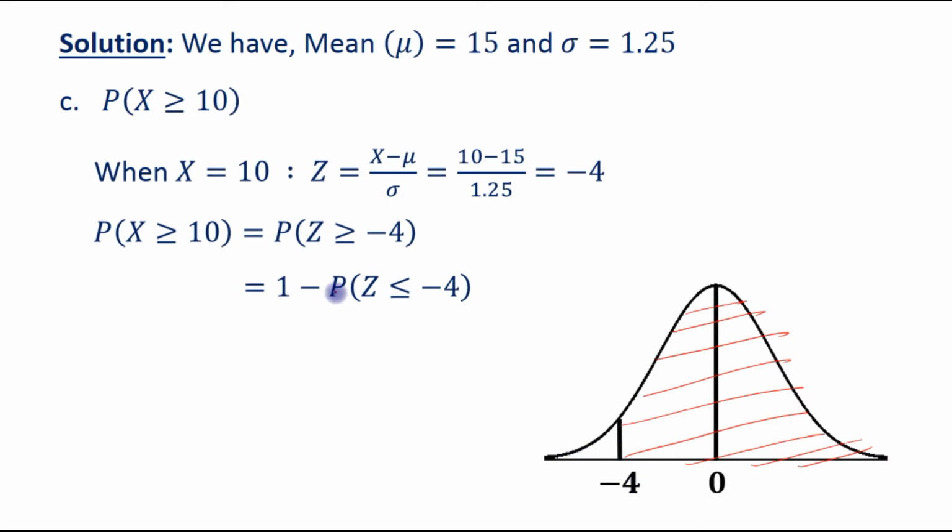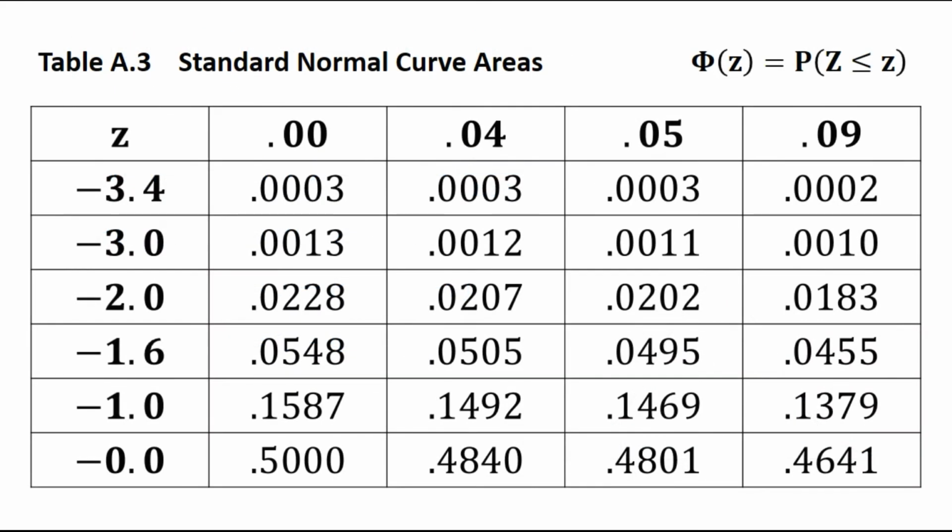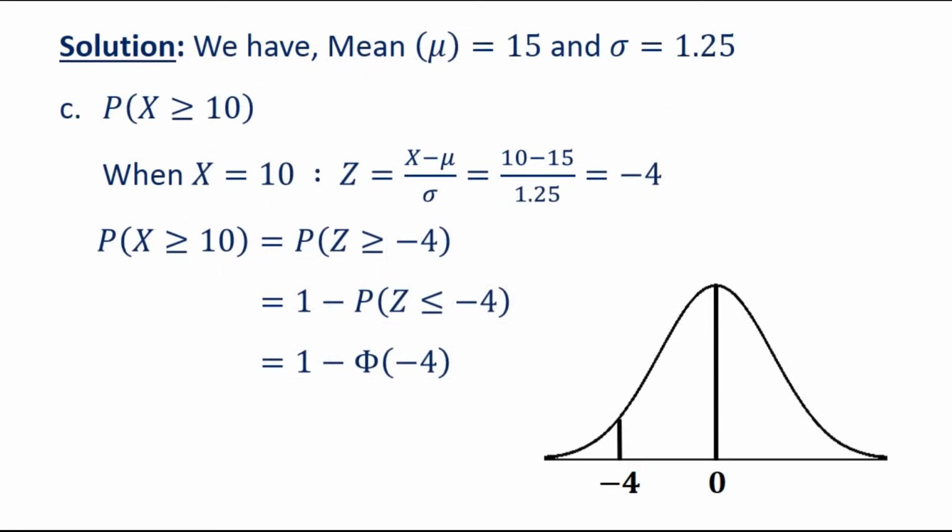We can write 1 minus probability that z is less than and equals to minus 4. In the next step, we can write 1 minus phi minus 4. And now we will look at the table. So the minimum value of z is minus 3.49, which is 0.0002. So we will take the value of phi minus 4 as 0, and the final answer will be 1.